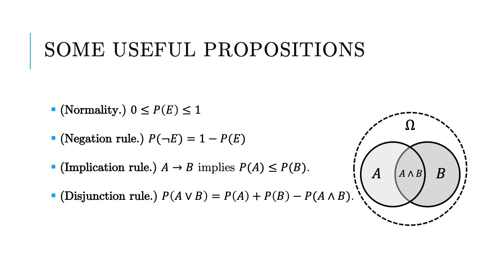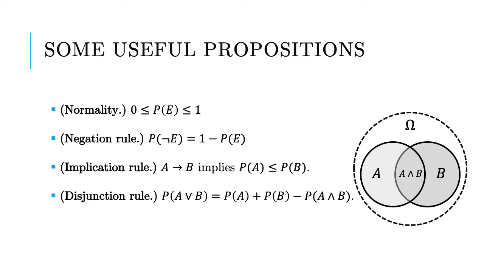And when there is such overlap between events, taking the area of one and adding to it the area of the other, we'll double count the intersection of those events. So to correct for that, we need to subtract that intersection. That is, we need to subtract the probability of A and B from that sum.